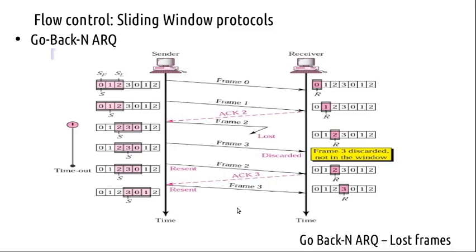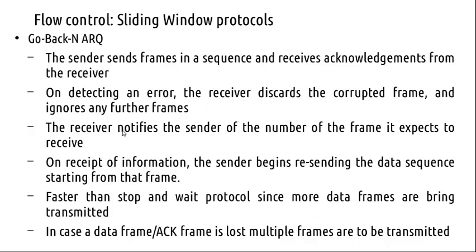So go back n frames. From the point where it is lost, it will retransmit all the remaining frames. The sender begins resending the data sequence starting from that frame. So even if the sender has transmitted the frames 3, 4 and 5, if it understands that frame 2 has been lost, it will again retransmit frames 2, 3, 4 as well as 5. So that is go back n frames.